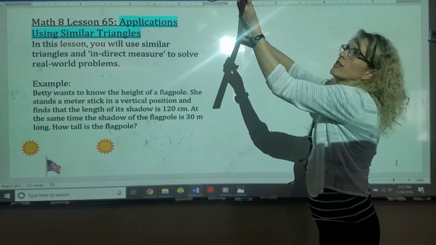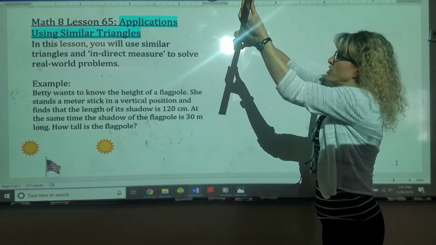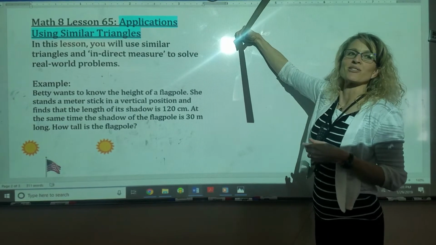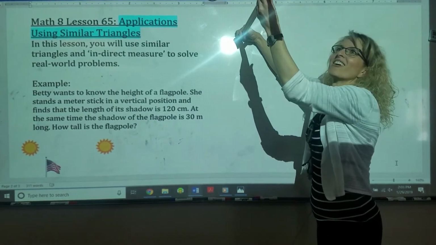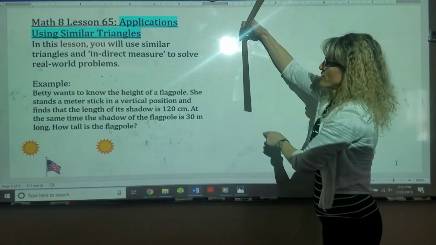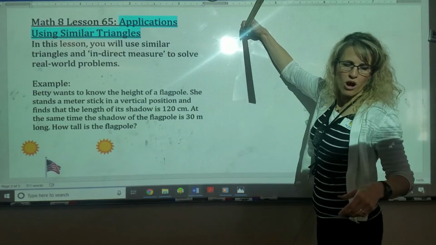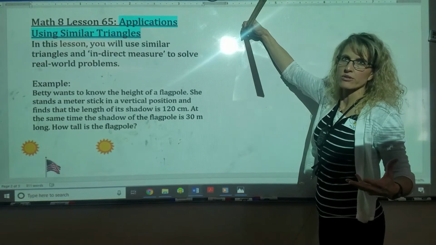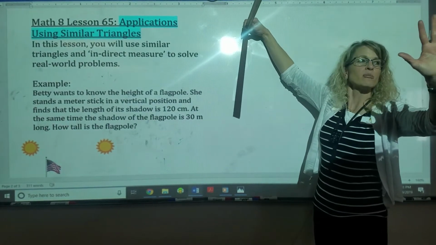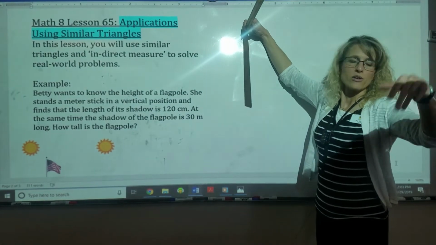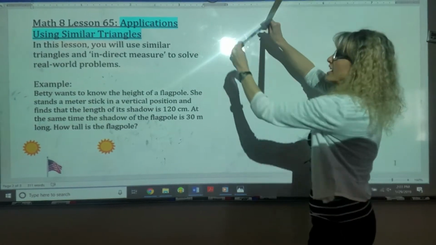Okay. So this long of an object is a meter stick. By the way, a meter stick is 1 meter long. Just keep that in mind. Okay, so look at its shadow. Could you say that the two objects that are casting shadows with the same light source that's super far away, we could even say theoretically maybe it's infinitely far away, so that there isn't any change in the angle.